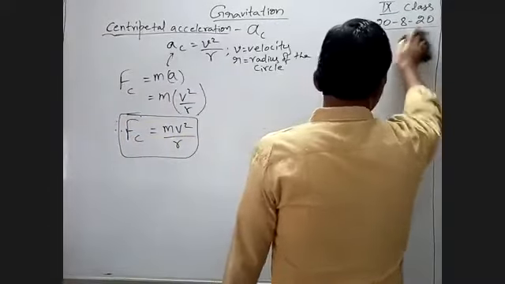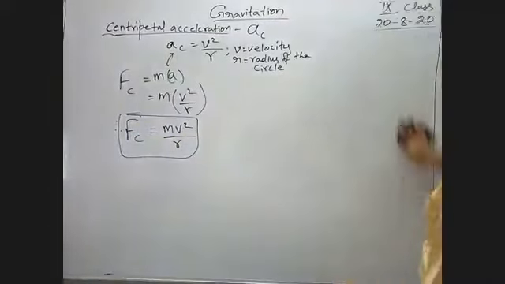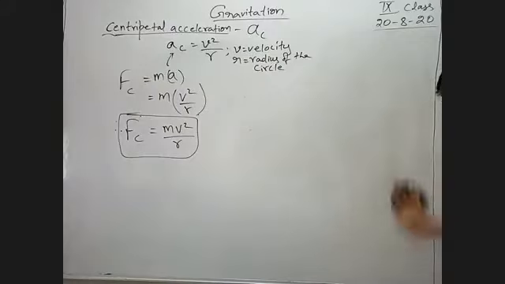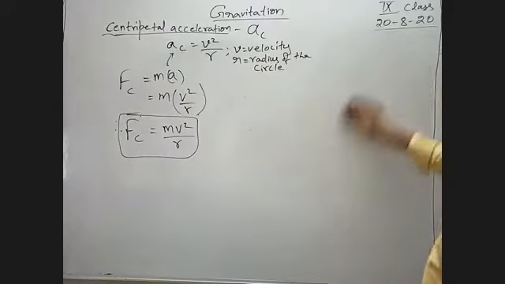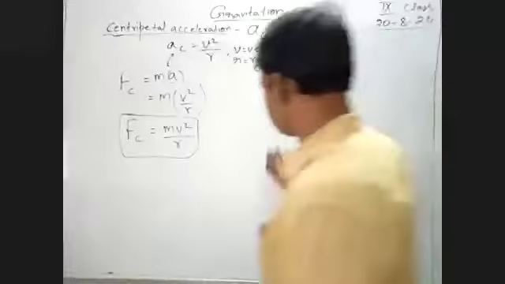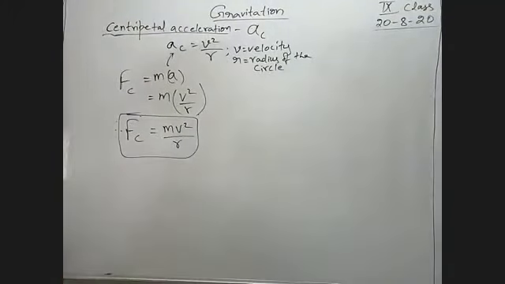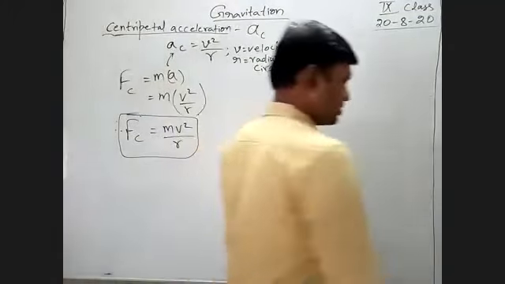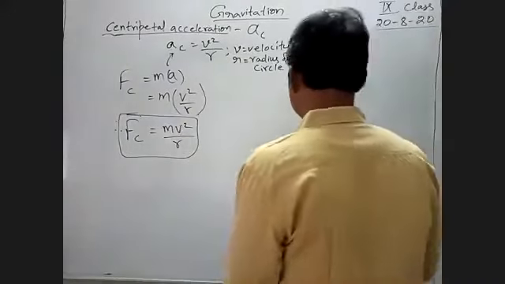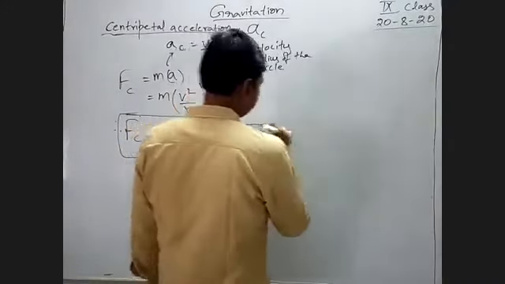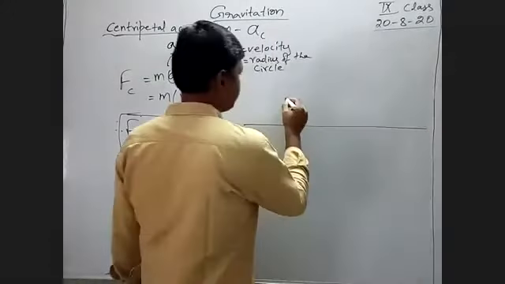Here, two objects of masses m1 and m2 are present at a particular distance d apart.